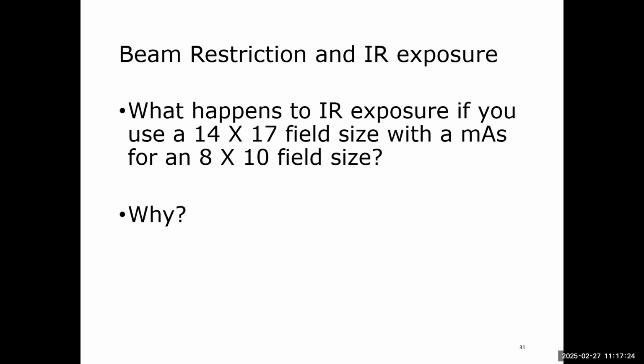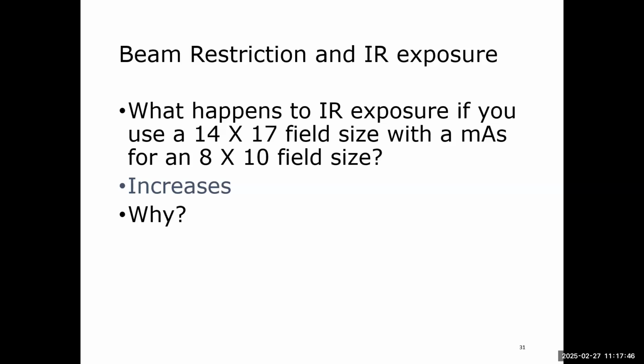I heard down and I heard up. Who votes for down? Nobody wants to vote. That's okay. So, IR exposure, wait a minute. I read that to y'all wrong. I'm sorry. Let me read it again. What happens to IR exposure if you use a 14 by 17 field size with the mass for an 8 by 10 field size?